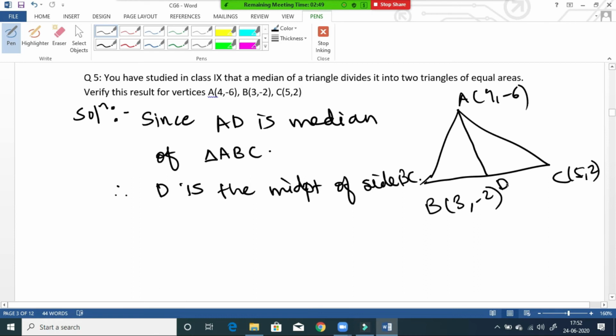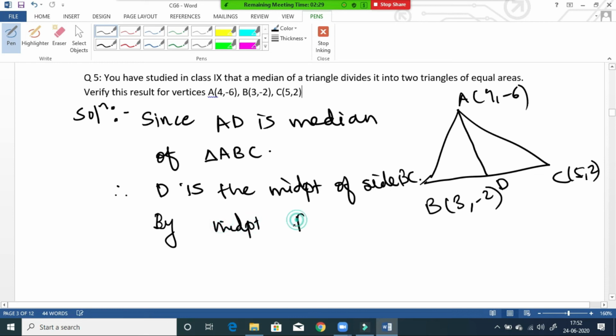So by the midpoint formula we can find out the coordinates of point D, because besides that we can't find out the area of triangle ABD and area of triangle ACD. So for this purpose we first have to find out the coordinates of point D, and after that we can show the areas of the triangles equal.